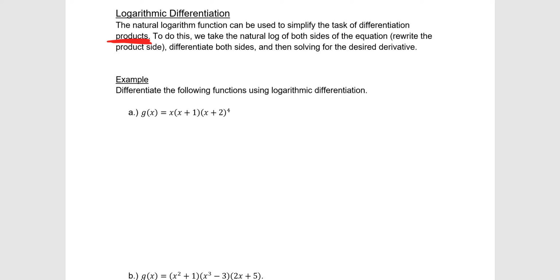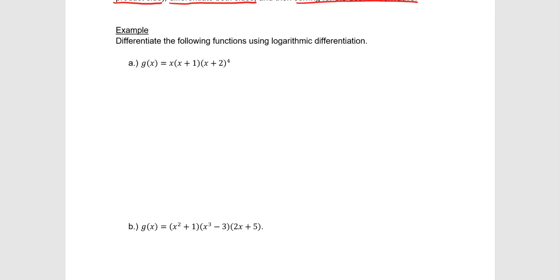What you can do is use logarithmic differentiation, and to do this, we take the natural log of both sides. So we take the ln of both sides of the equation, and then we rewrite the product side, just like we did in that previous example, and then we take the derivatives of both sides, and then we solve for the desired derivative. Okay, let's see this in an example here.